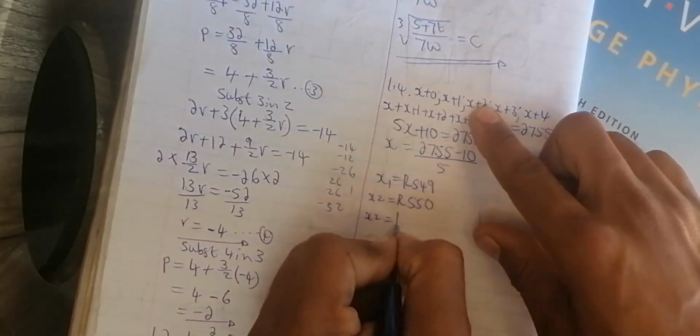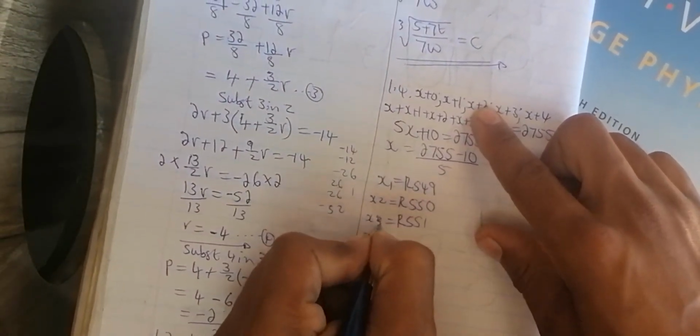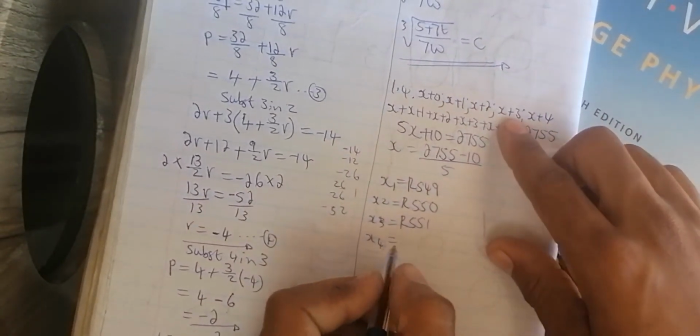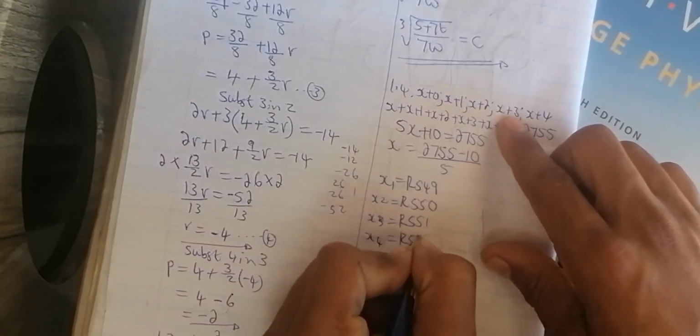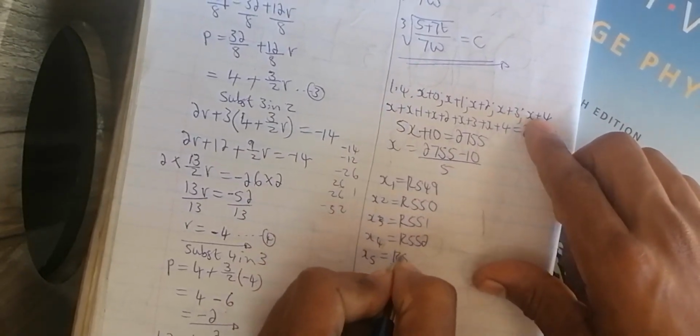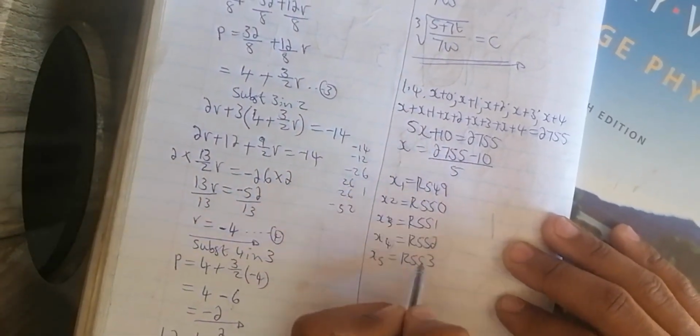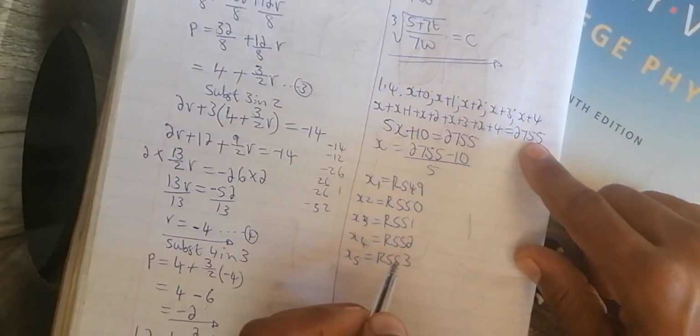You add 1, 551. You add 1, 552. You add 1, 553. The sum of all this should give us 2755.